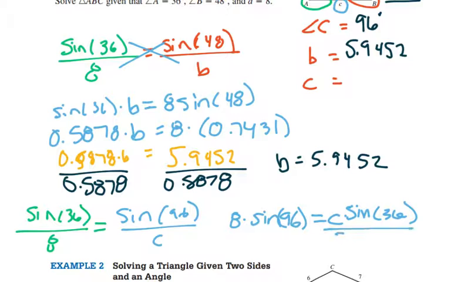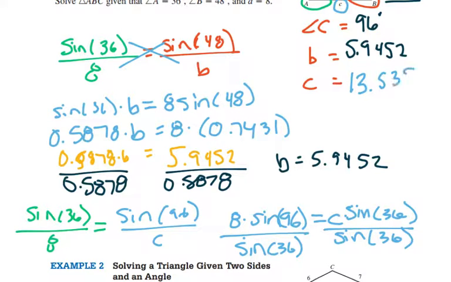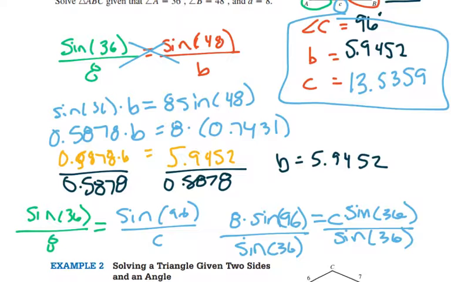And so we divide both sides by sine of 36, and we'd get our c value. So let's see, 8 times sine of 96 divided by sine of 36 is going to leave us with a c of 13.5359. So those are our missing pieces when it says to solve.